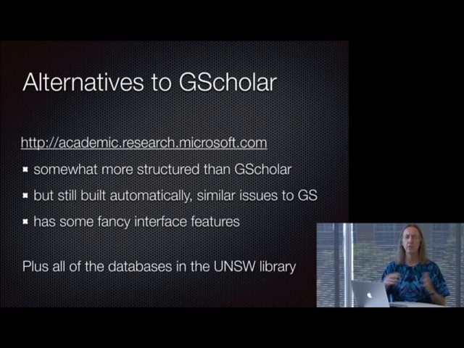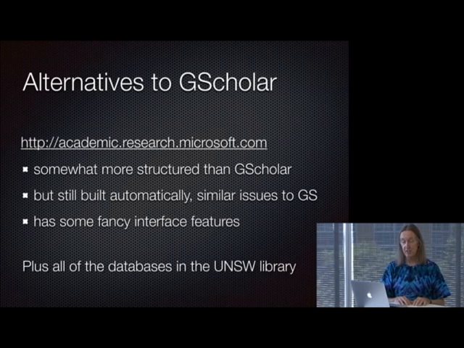Google is basically a huge flat space, like a big bag of resources, and your keyword search is trying to illuminate the ones that are potentially interesting. If you want to navigate towards papers that are interesting, something like Microsoft Academic Research will give you topic areas and subtopics and sub-subtopics, and you can gradually work your way down to a collection of papers on a particular topic.